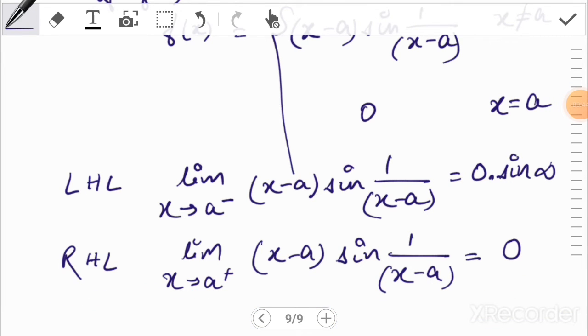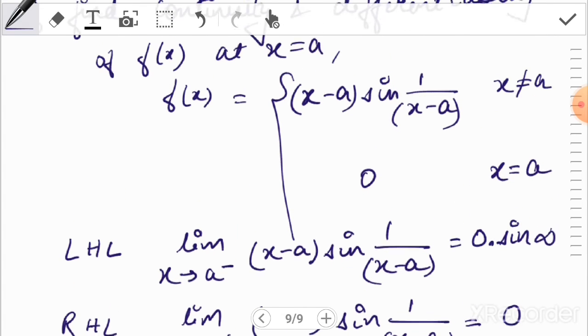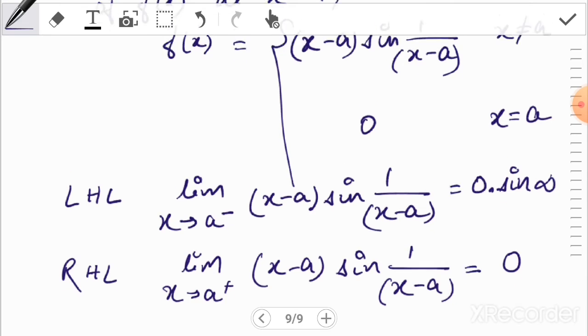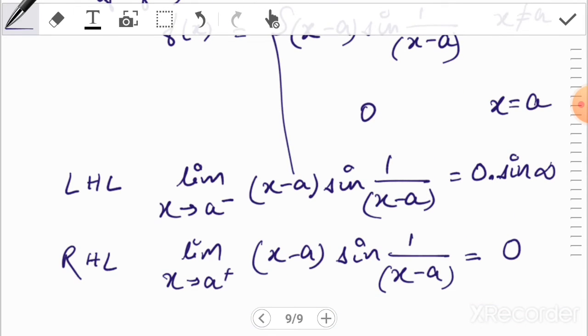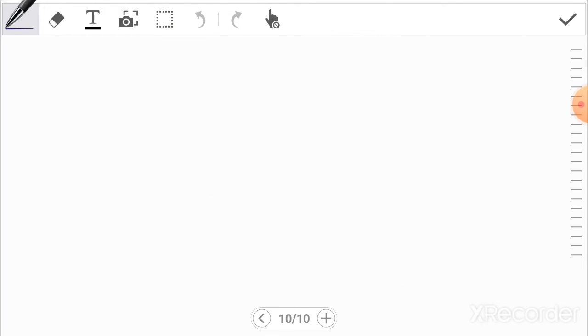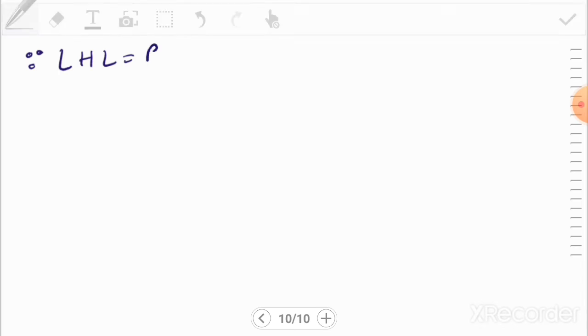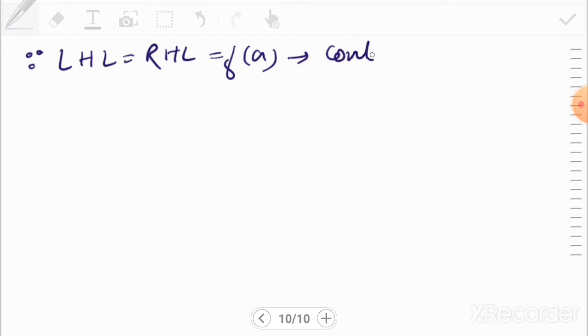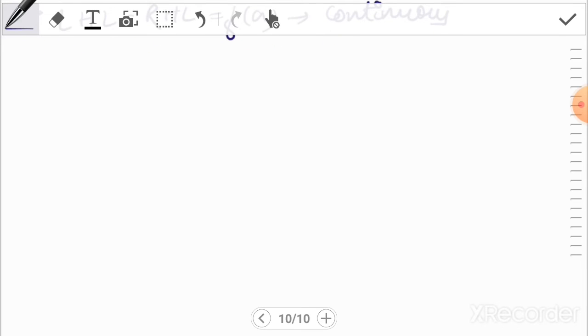So here also f(x) is 0 at x is equal to a. So this function is continuous at x is equal to a, since left hand limit is equal to right hand limit. Okay. Right hand limit is equal to f of a, that means continuous at a.